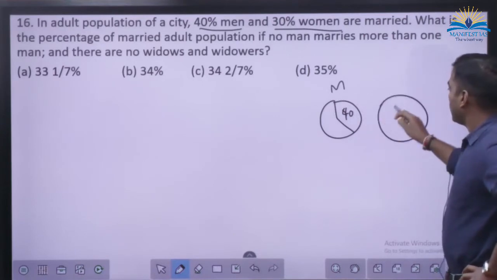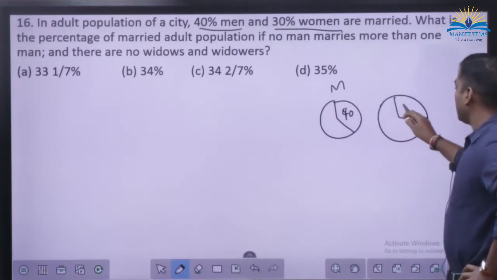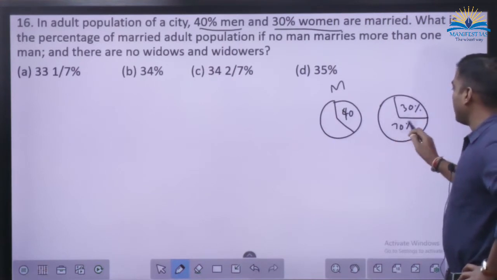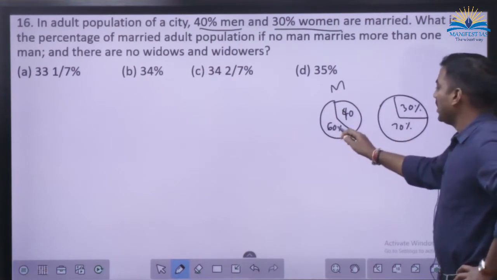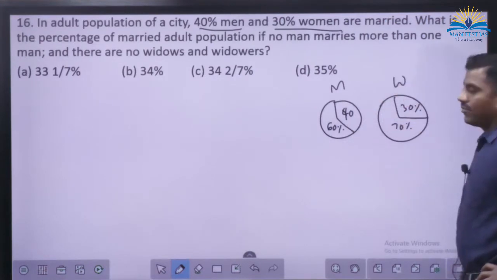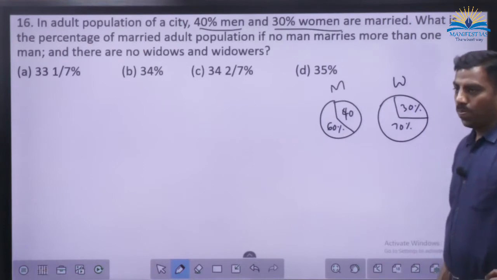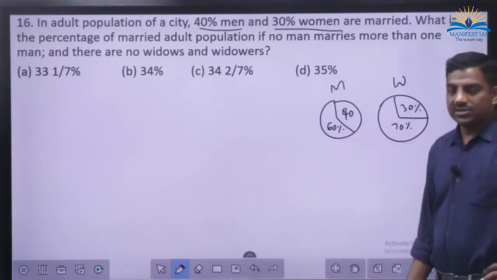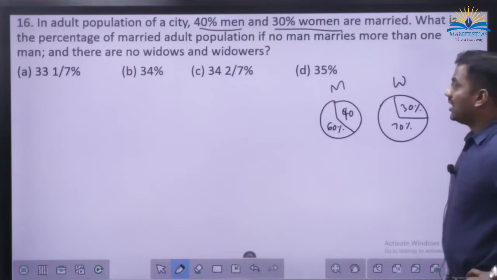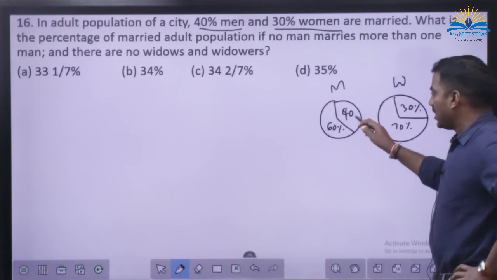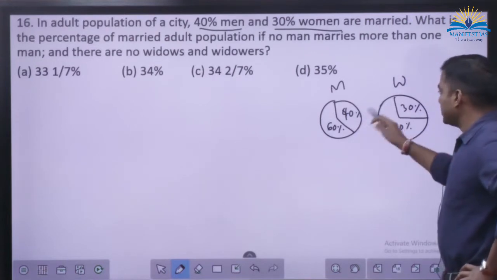Women, 30% of them are married, 70% of them are unmarried. For men, 60% are unmarried. When you club them, we'll get the entire population, that is the adult population. What is the percentage of the married adult population? They are asking about the married adult population, this and this.